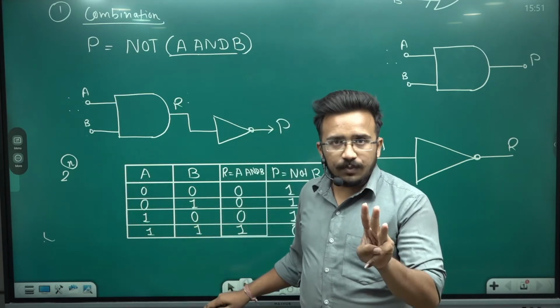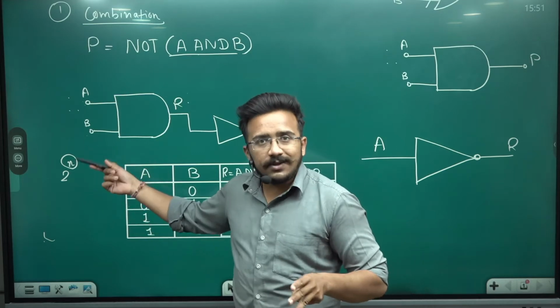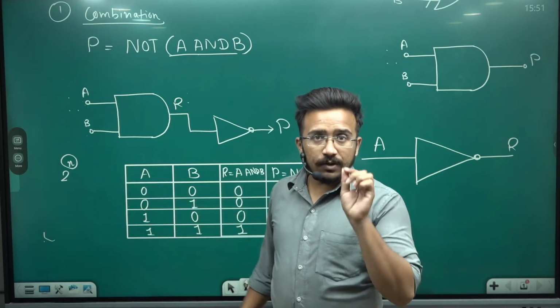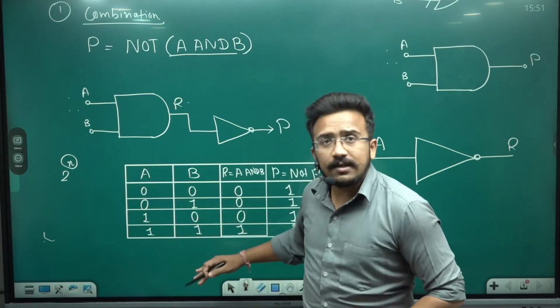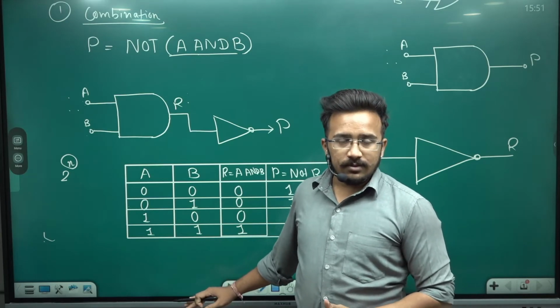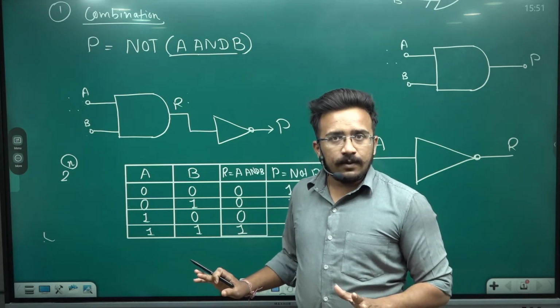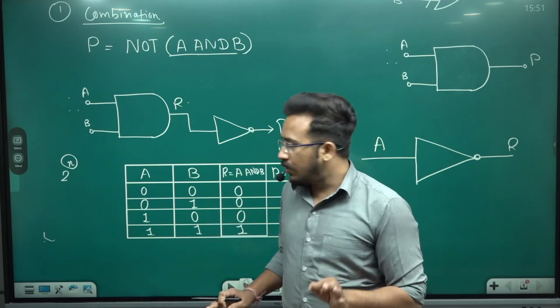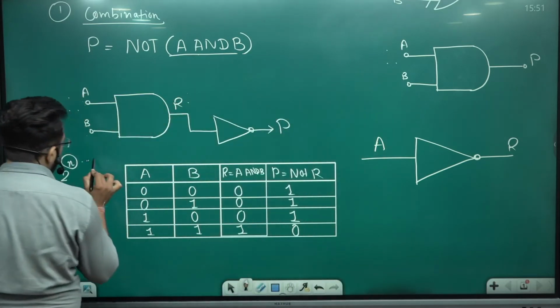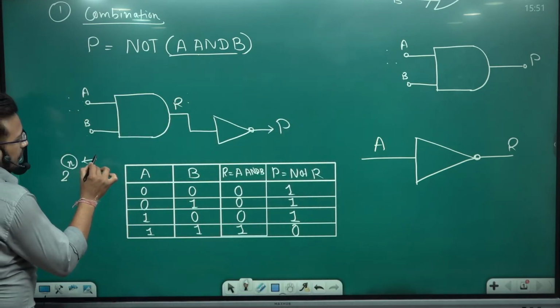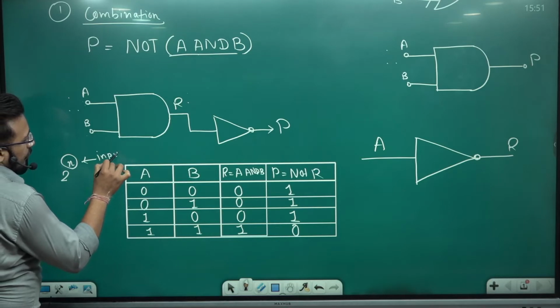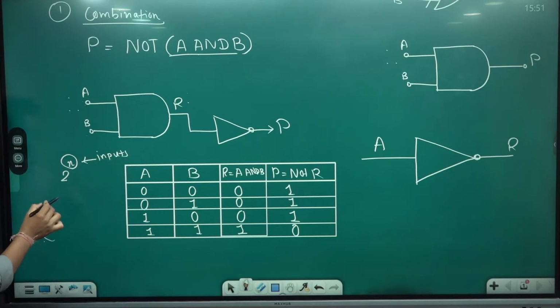If you have 3 inputs, 2 to the power 3, which is 8. So if you have 3 inputs, you need to create 8 such lines. Did you get that? 2 to the power n. This is a formula, and here n stands for the number of inputs, and this will give the number of rows.